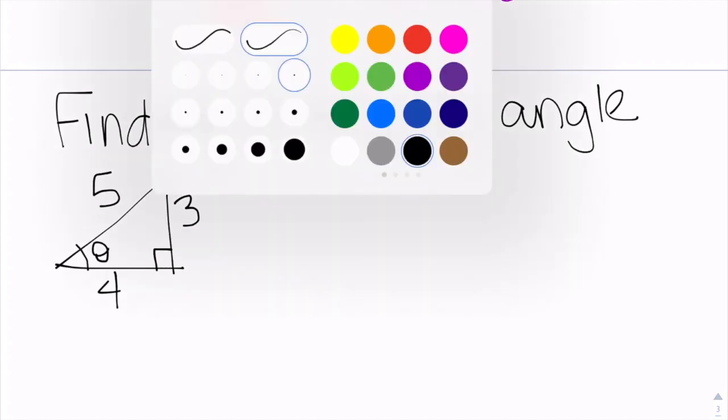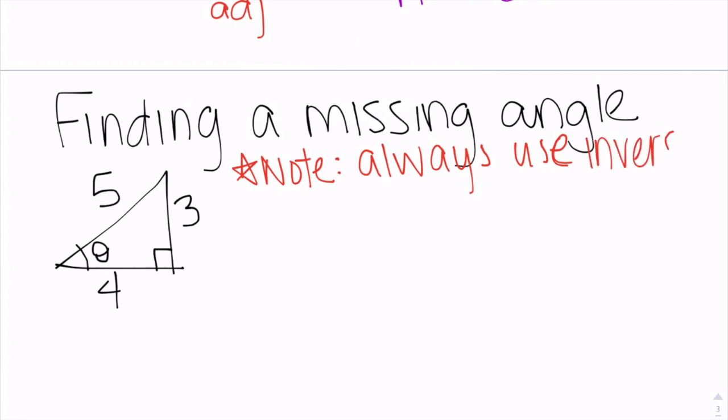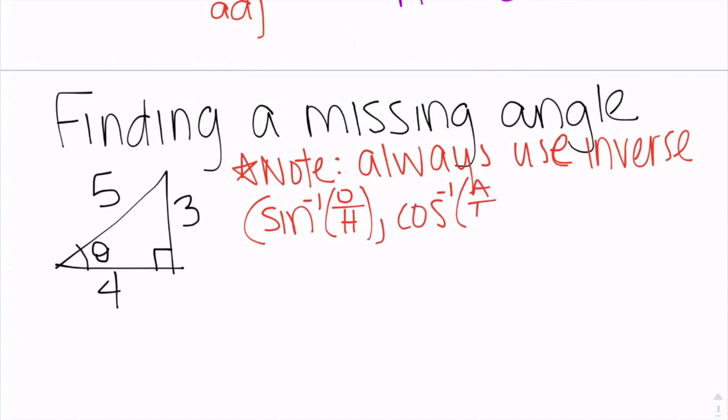And so you want to make yourself a little note here that you always use the inverse function to find your missing angle. And so what I mean by that is you're going to use the sine inverse of your opposite over hypotenuse, or you could use the cosine inverse of adjacent over hypotenuse, or you can use tangent inverse of opposite over adjacent.